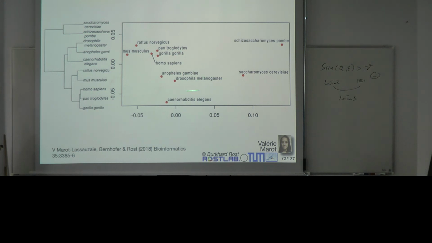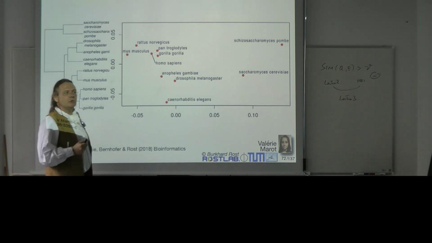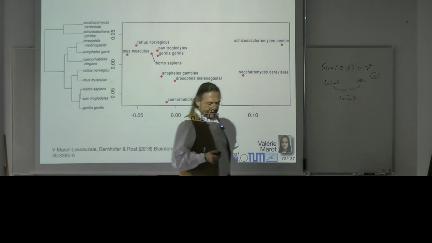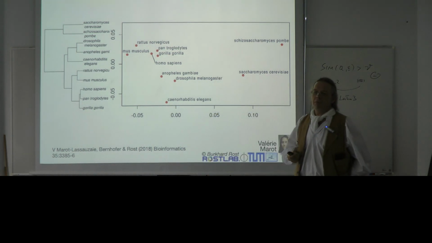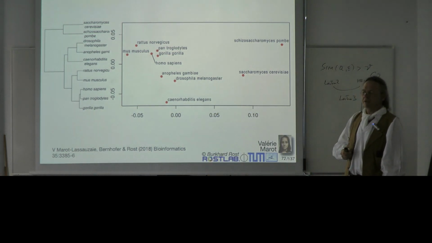And here you nicely see the fly, the worm, the apes, mouse and rat, the mammals. So this is just using sequences of the organisms and the prediction method. It's remarkable what you can get out of it.